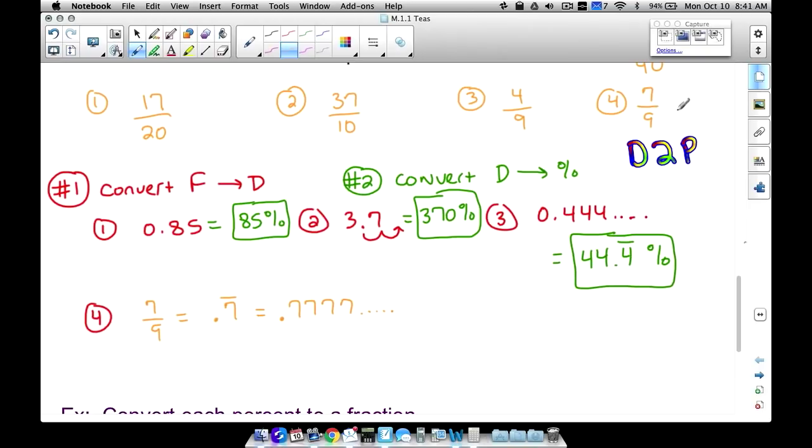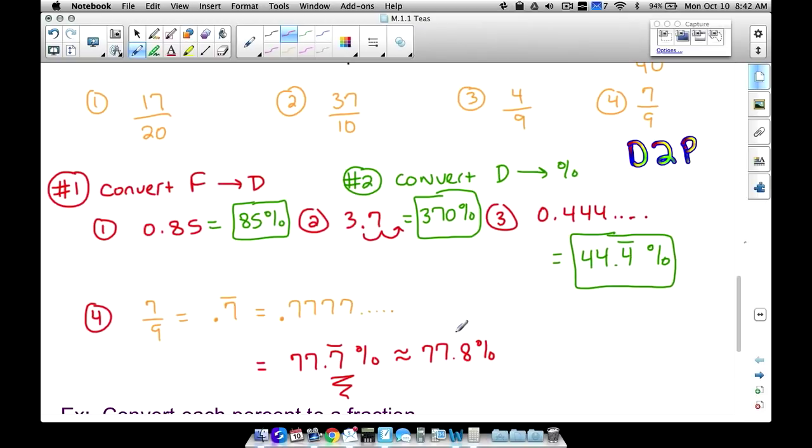So we've taken our fraction, 7/9, we've converted it to a decimal, and now let's take that decimal and convert it to a percent. So moving the decimal 2 places to the right, we have 77.7 with a bar over it percent, or we could say this is pretty much 77.8% if you were told to round to the nearest 10th of a percent.